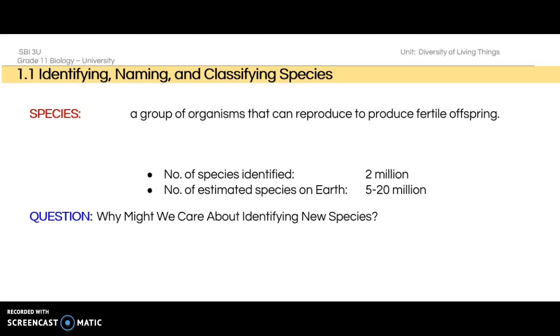And of course, if you're looking at Western medicine versus Eastern medicine, Chinese medicine utilizes a lot of natural species in order to help people. And so being able to effectively identify and classify species is going to be really, really important.